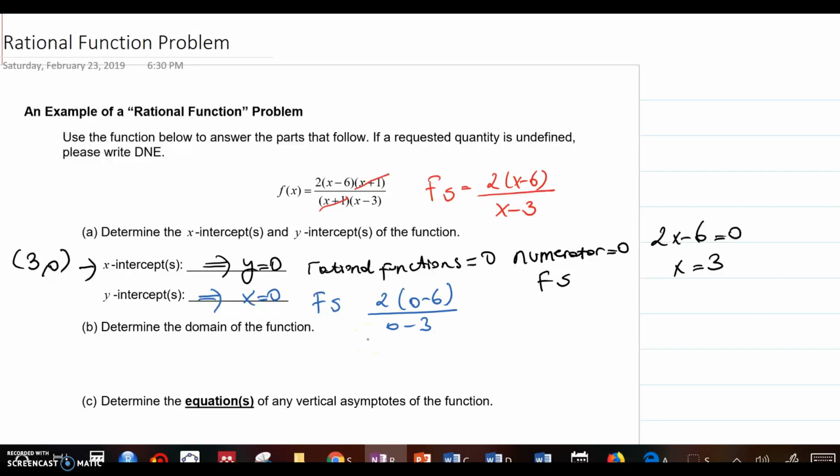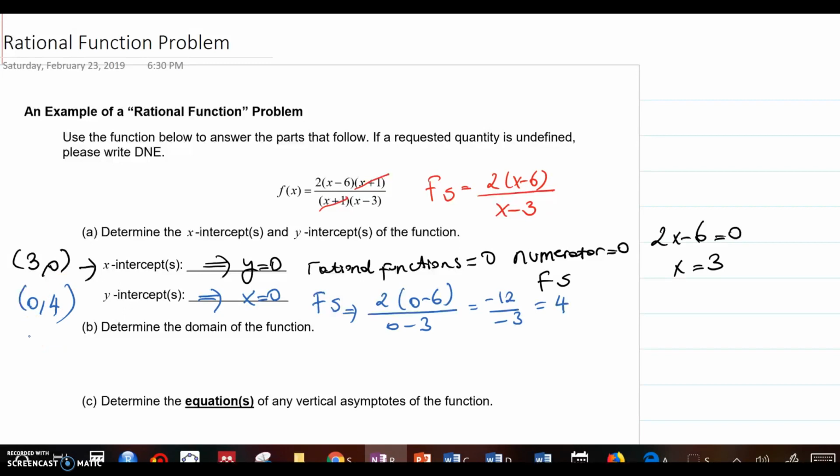Be careful at that point. Do not rush. Don't make everything equal to 0. Just calculate the value. 0 minus 6 is negative 6. Negative 6 times 2 is negative 12. You have negative 3 at the bottom. So then we are going to have 4. So the y-intercept will be x equals 0, y equals 4.